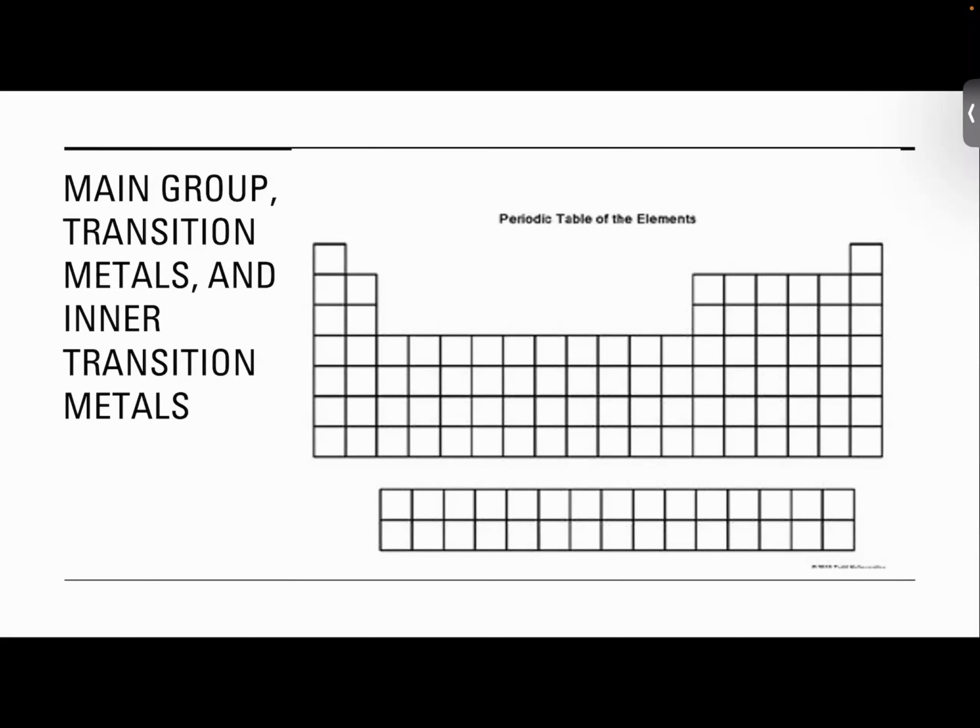Now, the lanthanides and actinides, which are your inner transition metals, their outermost electron will wind up in l equal to 3, meaning that it will be in an f subshell.